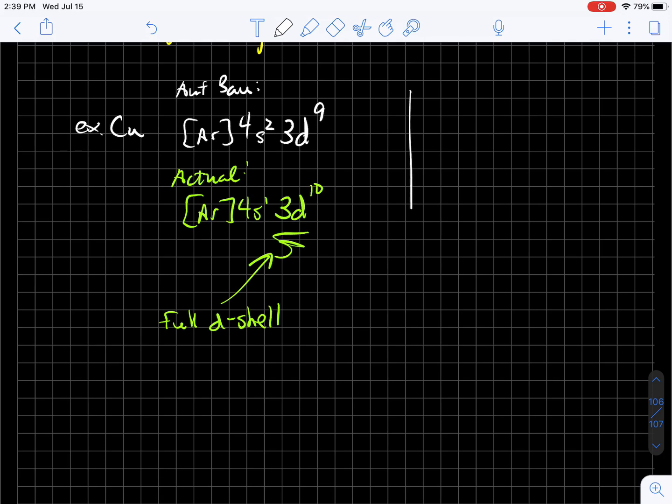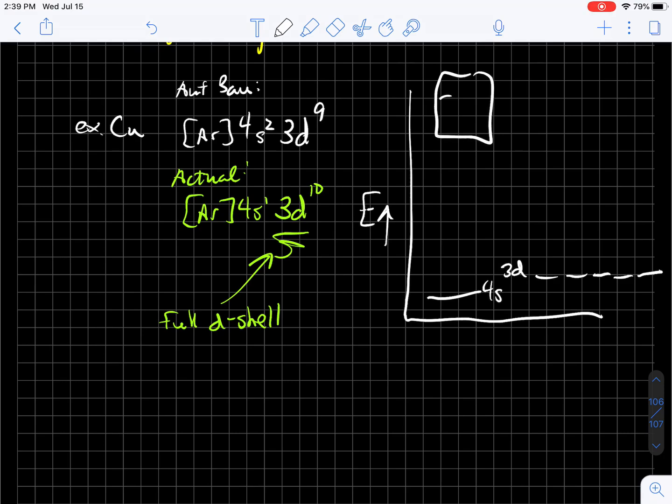So again, on an energy diagram, it looks like this. Here's what Half-filled would predict. Again, the 3d, almost the exact same energy as a 4s. Now, I haven't included the rest of the energy diagram. I left out all the core electrons. I'm just looking at the valence shell, so maybe I should write that in here. Let's write valence shell.